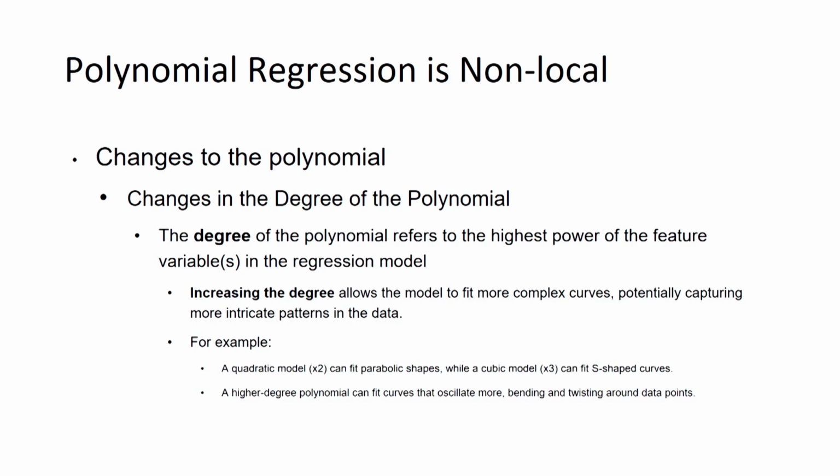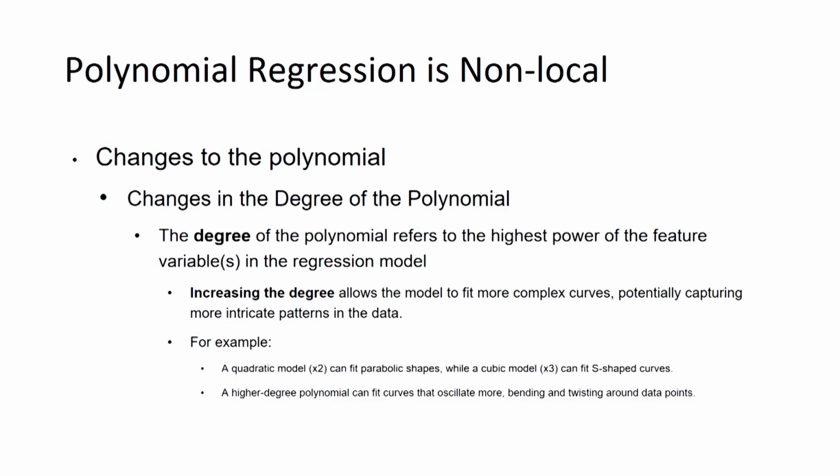You can see here a quadratic model, that is x square, not x2. This is a mistake in typing, this is x square. A quadratic model can fit a parabolic shape, while a cubic model can fit an S shape curve.